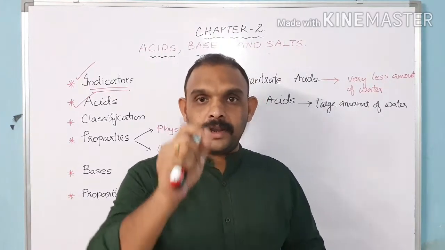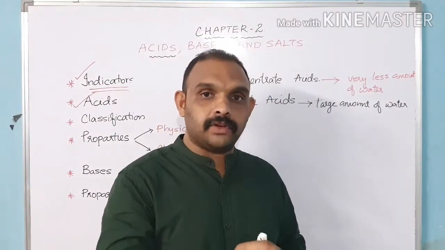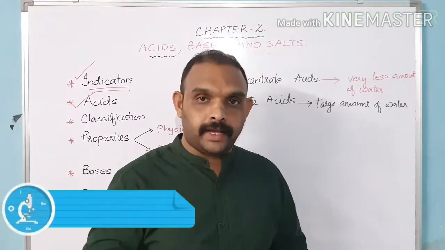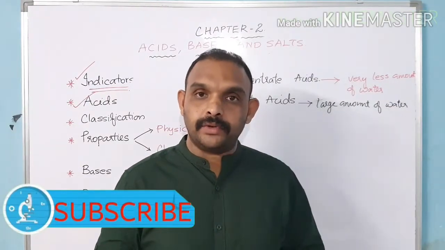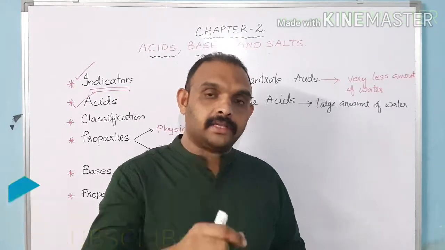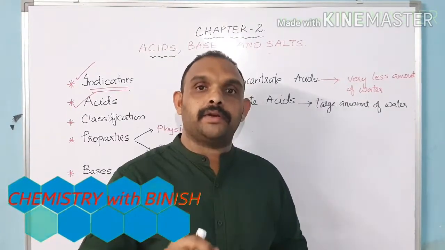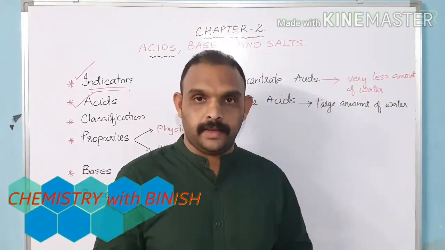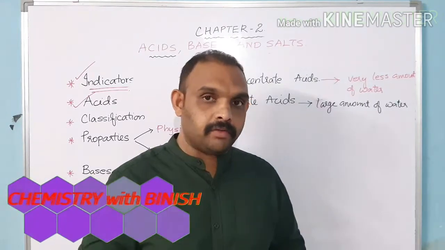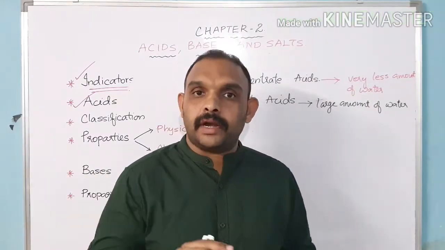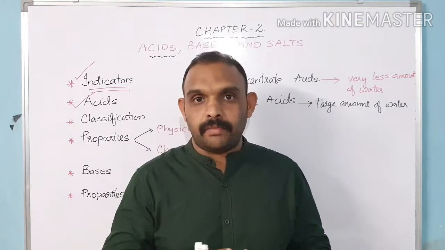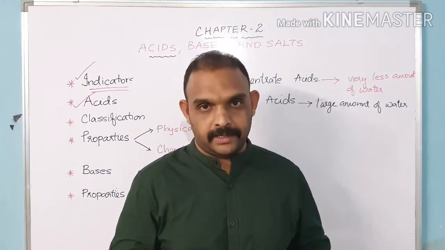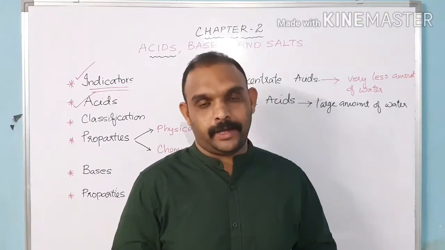So we will never add water to acid for dilution. Instead, we have to add acid to water drop by drop with constant stirring, so that the heat evolved is constantly distributed in all the water, and there will be no chance of explosion or splash. Is it clear? Okay.